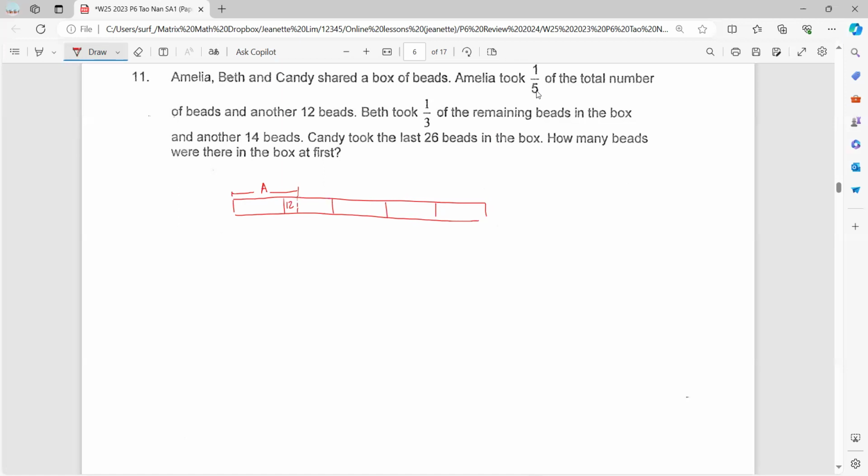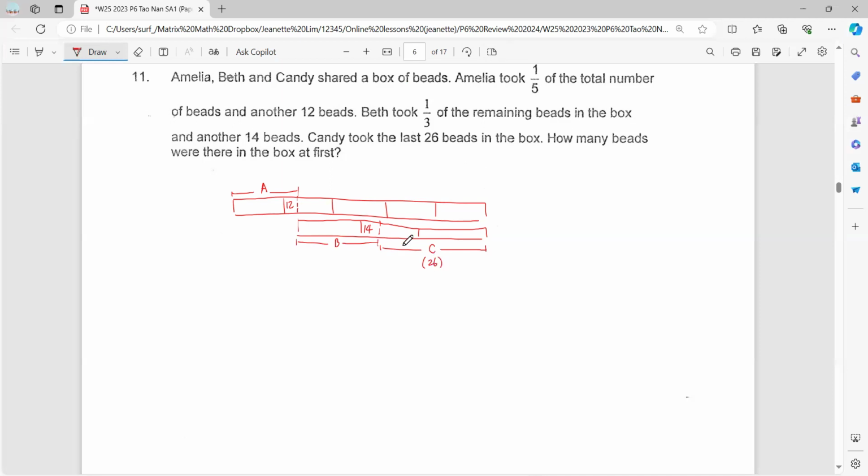So for the remainder, you have to cut. So Beth took 1/3 plus a little more, which is 14. And the rest taken by Candy, so C. And that is 26, according to the question. So the last 26.